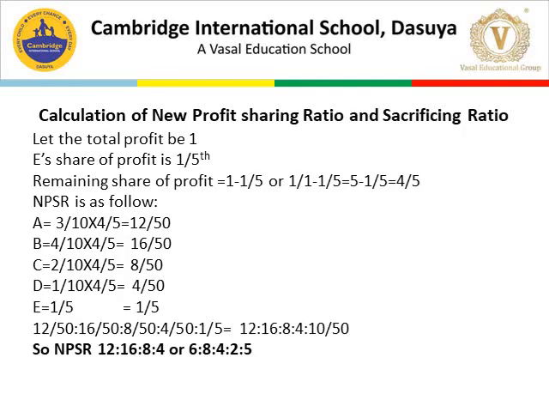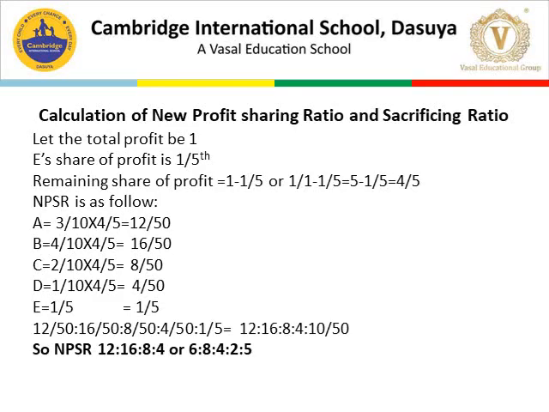C: 2/10 into 4/5 gives 8/50. D: 1/10 into 4/5 gives you 4/50. E: 1/5, this is the share of E. Now we can write 12/50, 16/50, 8/50, 4/50 and 1/5. This is the new profit sharing ratio.